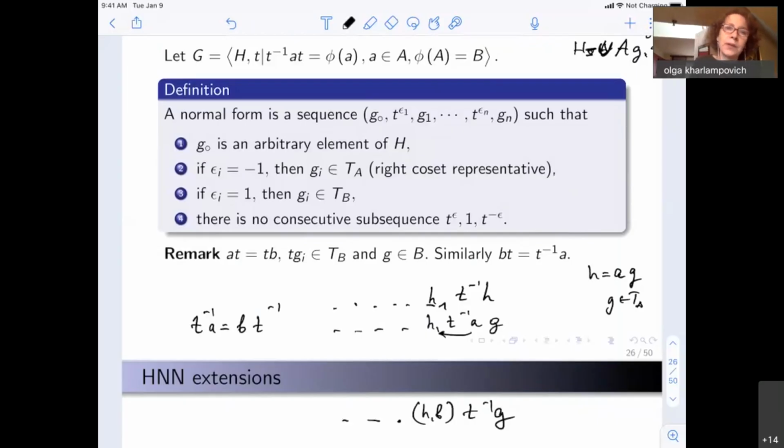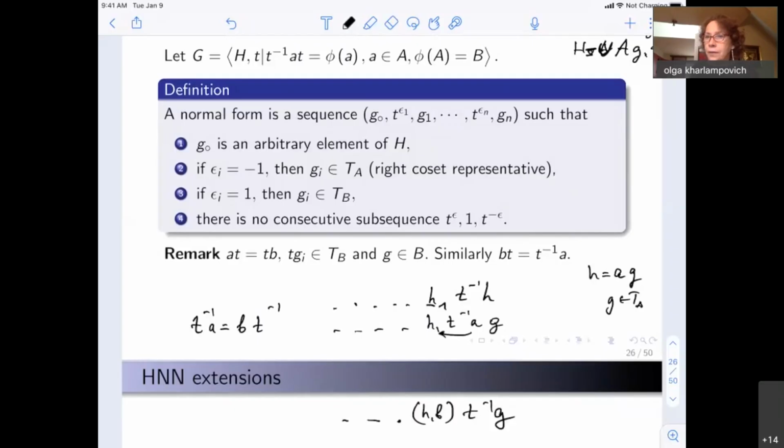And we can prove, similar to how we did for amalgamated products, that this normal form is unique. The existence of a normal form, this theorem about normal forms, is one of the key players in the Boone constructions of groups with undecidable word problem, or Novikov's construction, and many other classical constructions in group theory, because the existence of normal forms allows us to show that some word is not equal to 1.